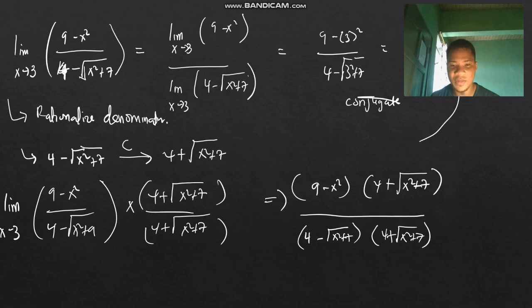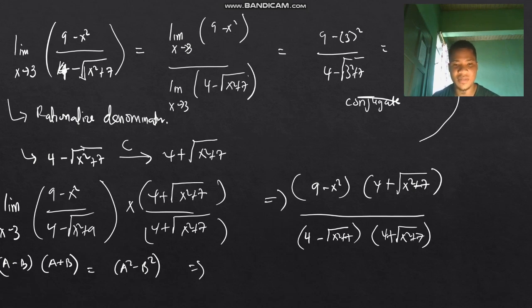You realize that this is a difference of two squares. You have (a minus b) multiplying (a plus b), which gives us a squared minus b squared. In this case, we are going to consider that.